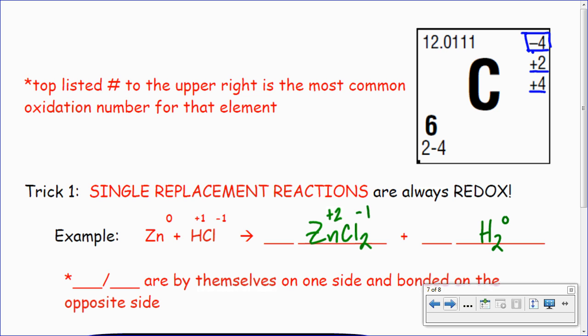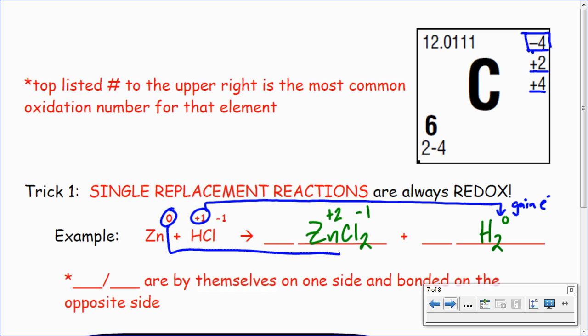So we have the oxidation state for hydrogen going from +1 to 0, so it gained an electron. And then zinc went from 0 to +2, lost, well, in this case, 2 electrons.